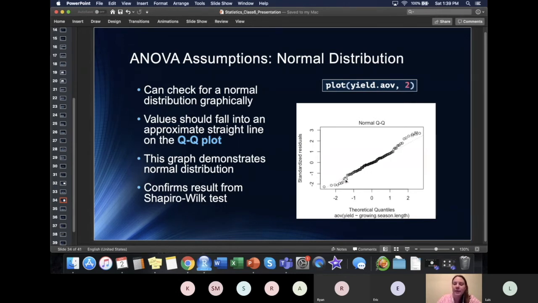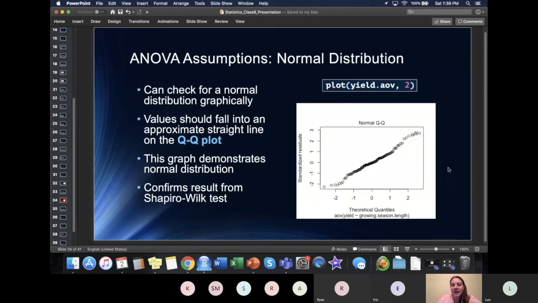But basically, you want to see if this follows an approximate straight line. If you see something that looks pretty straight, like we're seeing here, that means your data is normally distributed. If you see something that looks like an S, that means you're in trouble. If you see something like this, that means it's not normally distributed. So any pattern that is not a straight line is a problem.